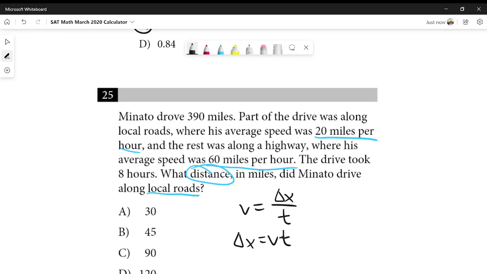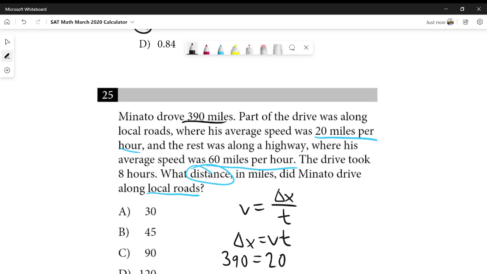And we know that the total distance is 390. And we know that the speed on the local roads is 20.